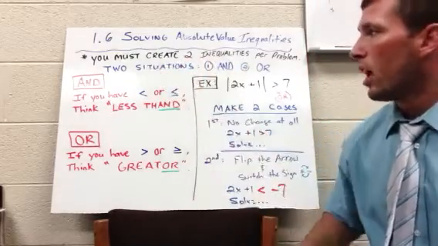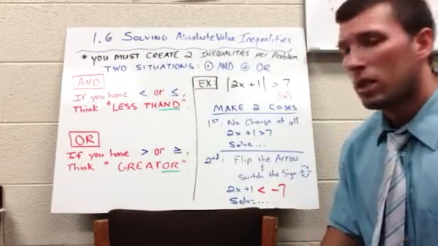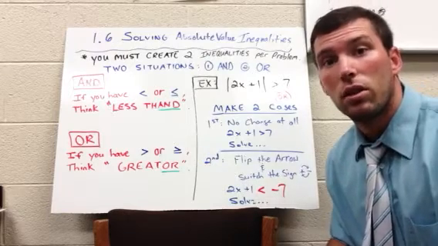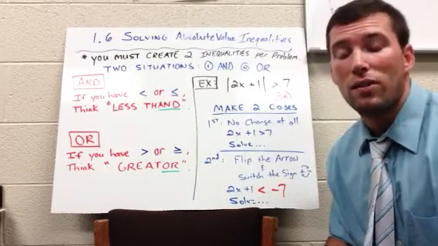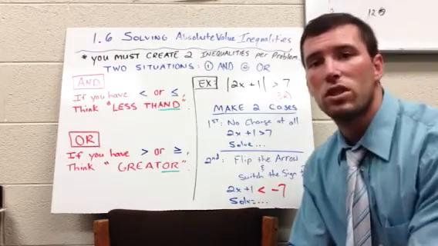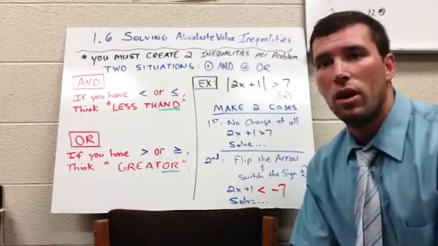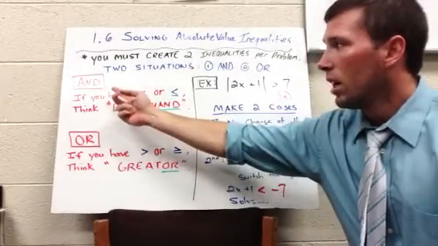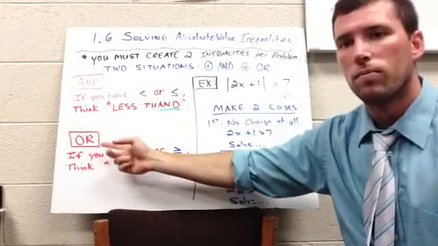So I've got a few notes at the top. It says you must create 2 inequalities per problem. You have to have 2 inequalities in every situation. There are 2 situations that we're going to have to look at. One is your and, the other one is your or.